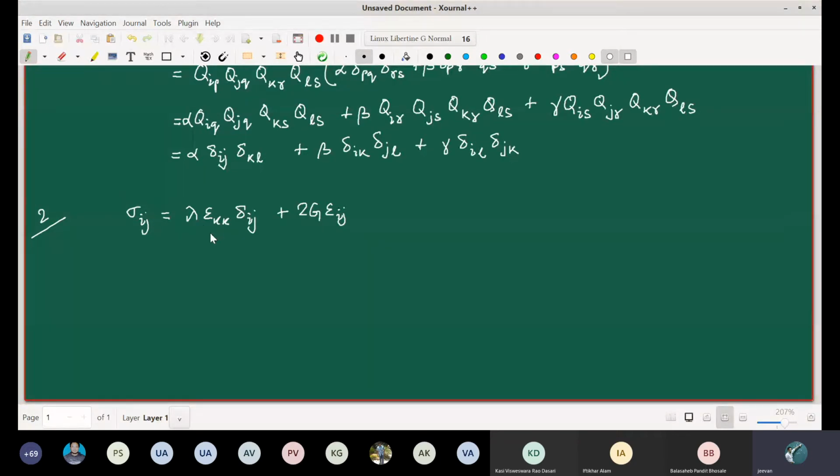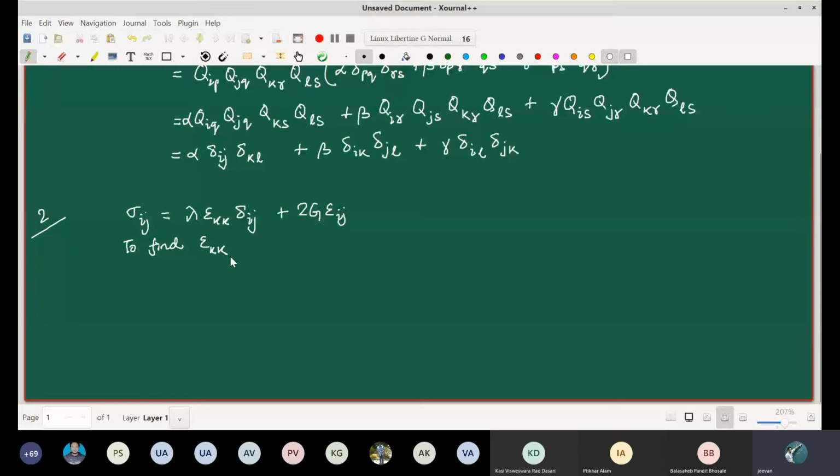And that can very well be done by taking i equal to j equal to some index p, let's say. To find this epsilon kk, which you note is very much equal to epsilon pp or epsilon qq, whatever, as long as the subscripts are repeated, it's the same thing.